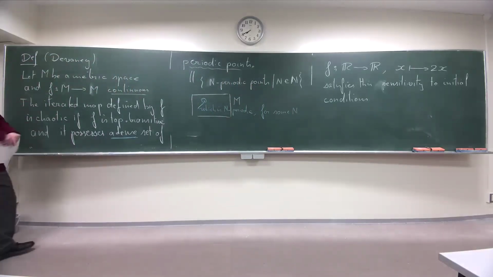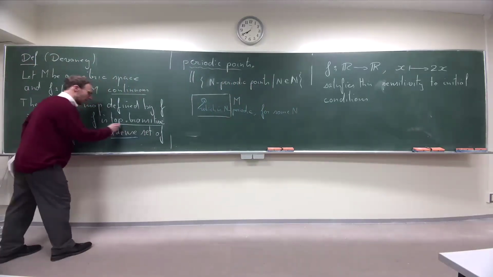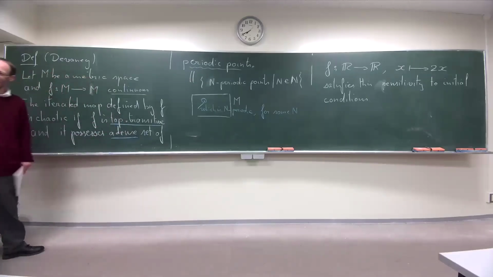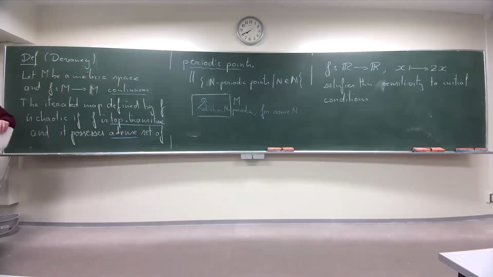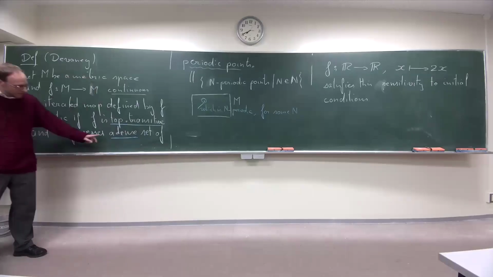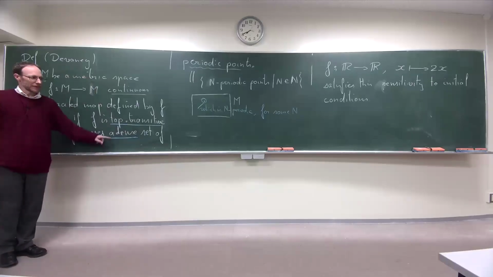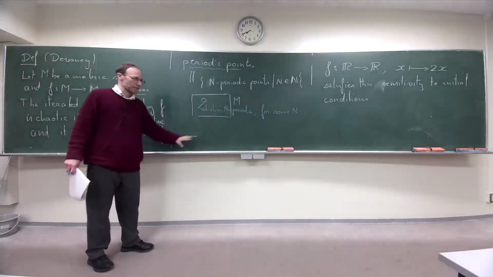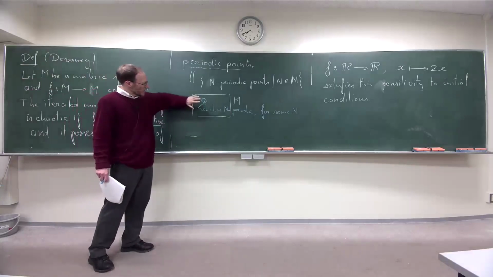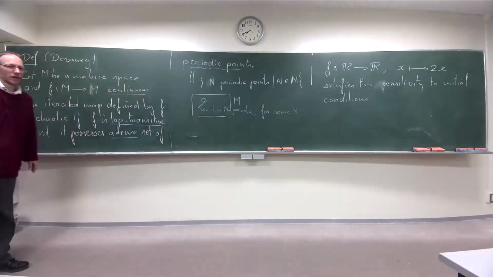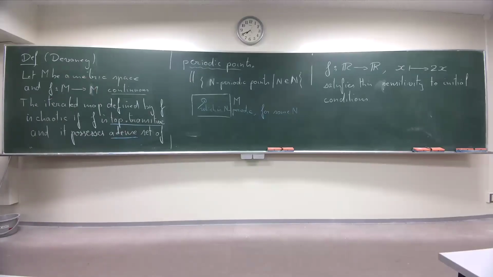Topologically transitive means you cannot decompose it, so you cannot find a simpler part that you want to isolate. But simultaneously, it says that in the set M, everywhere you have some periodic points. This is the definition of chaos.